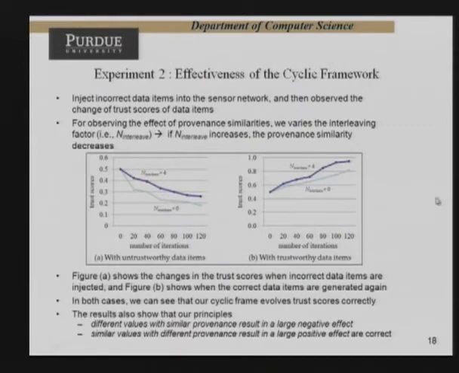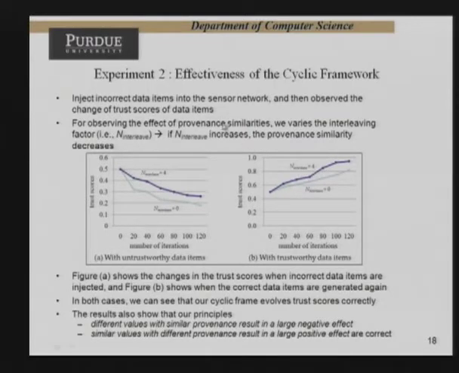And then the second figure shows that from the default trust score 0.5, we continuously generate correct data to the sensor network. And here we can also see that the computation will reflect this situation.